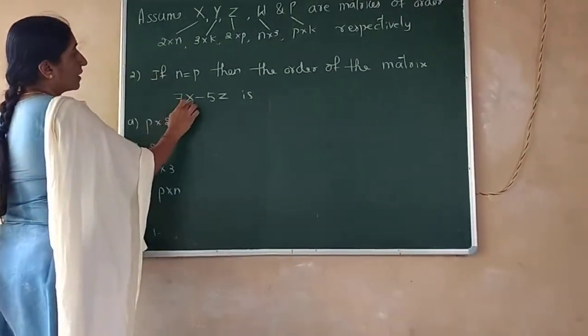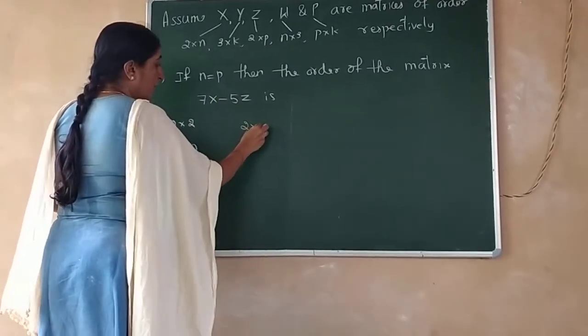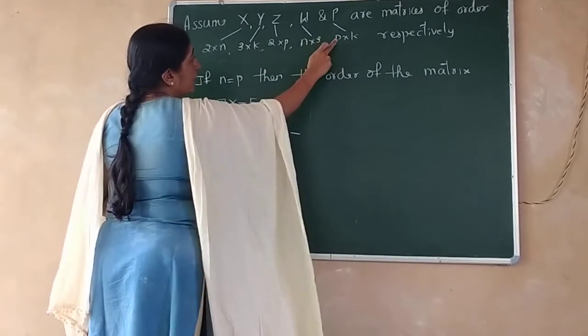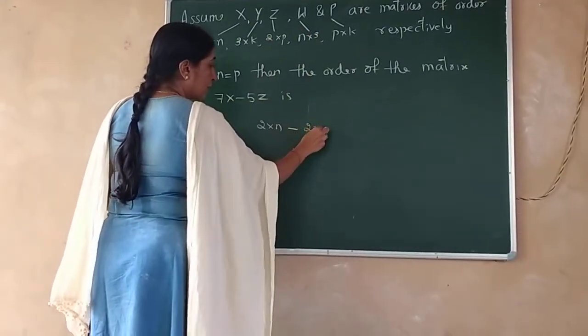What will be the order of X? Order of X is 2 by N. If you multiply by 7 also, there is no change. Minus, what is 5Z? Z is 2 by P.